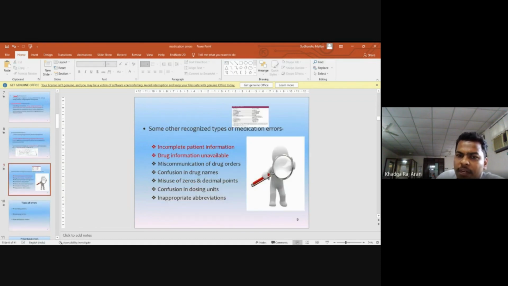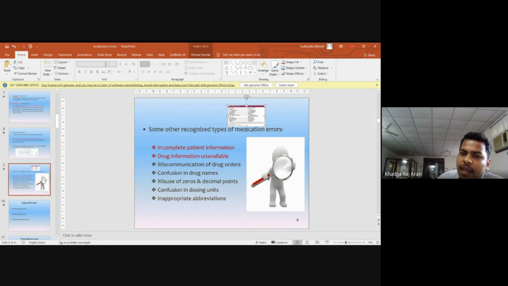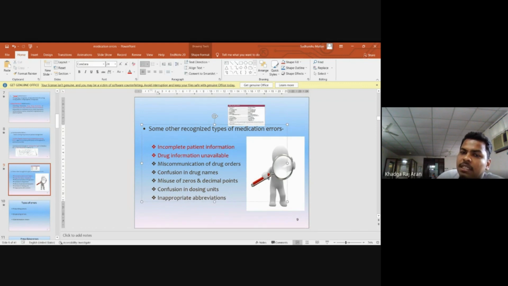So next are some other recognized types of medication errors, like incomplete patient information, like patient name, surname, age of the patient, gender, body weight, medication history. That may lead to medication errors. Next is drug information unavailable in the drug information center or in the pharmacopoeia. That may cause medication errors.